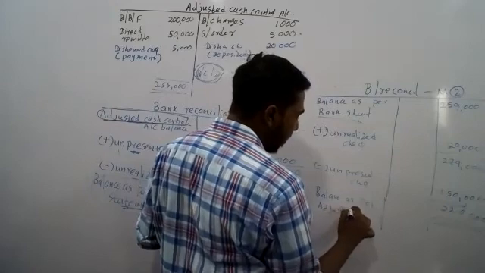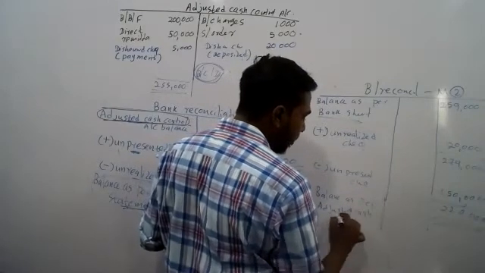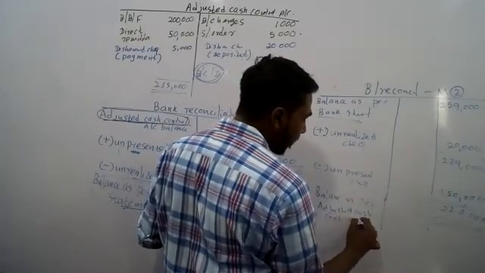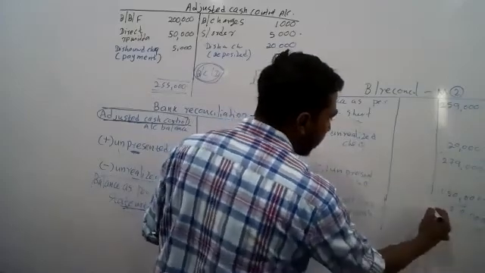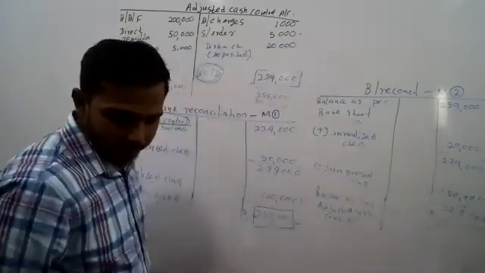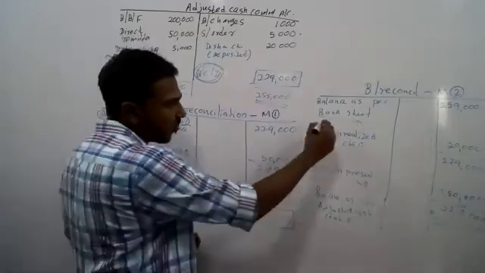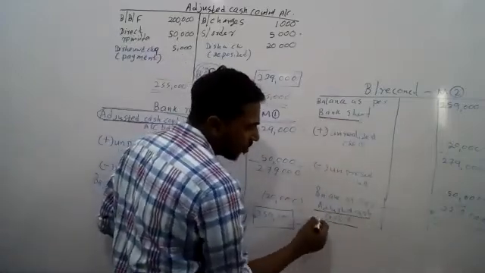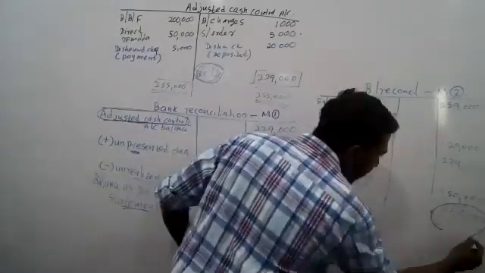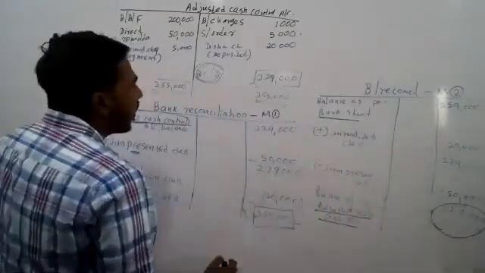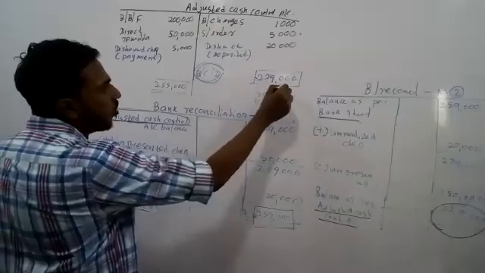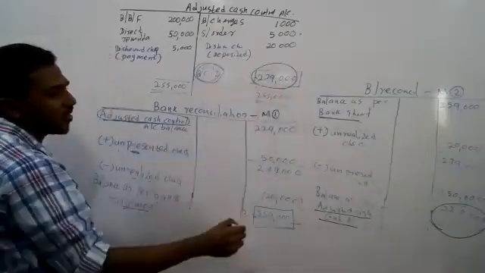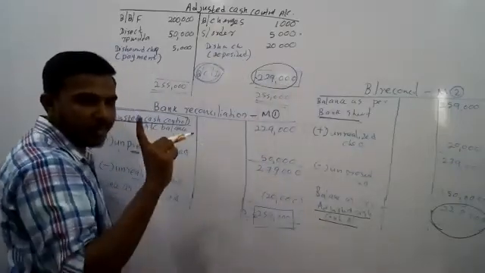So the balance as per adjusted cash control account balance is 229,000. We started from the bank statement and came to the adjusted cash control account balance. It's 229,000. See, adjusted cash control account balance 229. That's method 2. Keep it in mind.